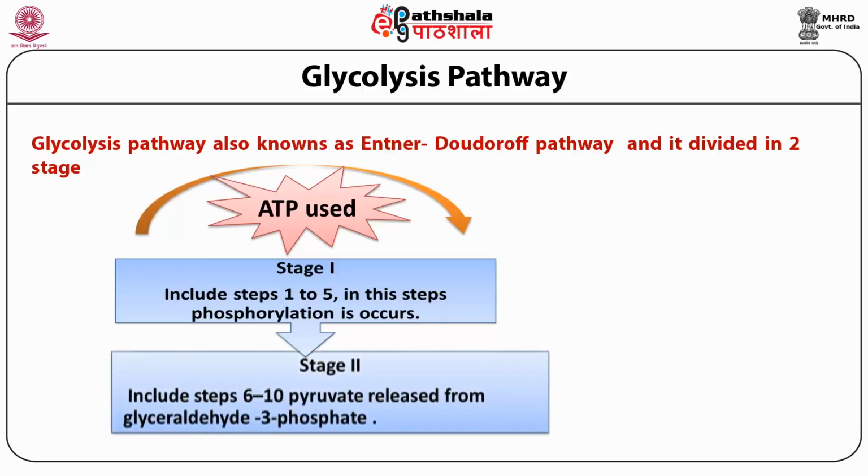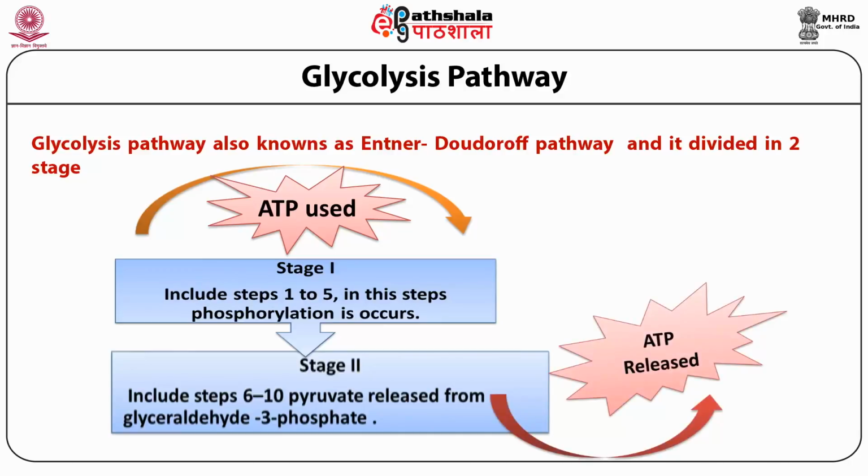In stage 2, which includes steps 6 to 10, pyruvate is released from glyceraldehyde 3-phosphate through four steps, and during these steps 4 ATP are released. It means that the net benefit is 2 ATP.